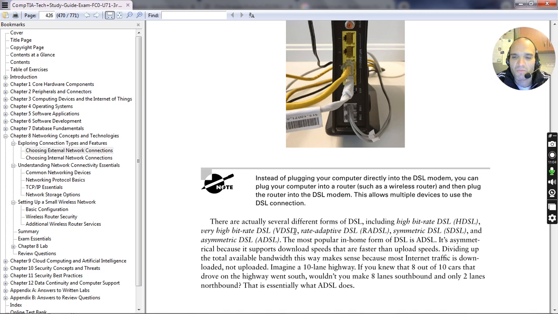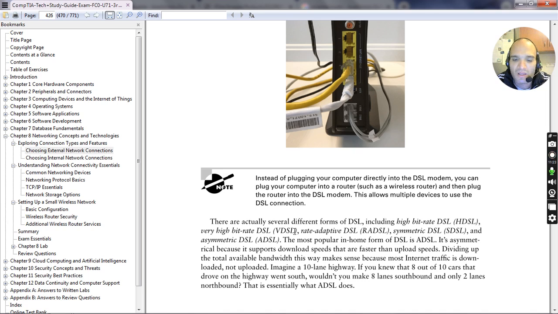For example, VDSL connections are capable of providing, let's say, 80 megabps download and let's say 20 megabps upload.